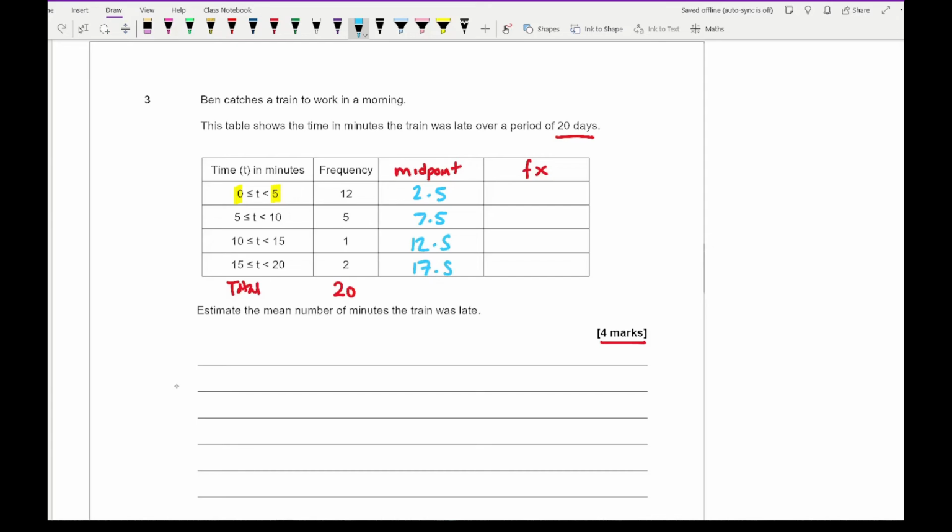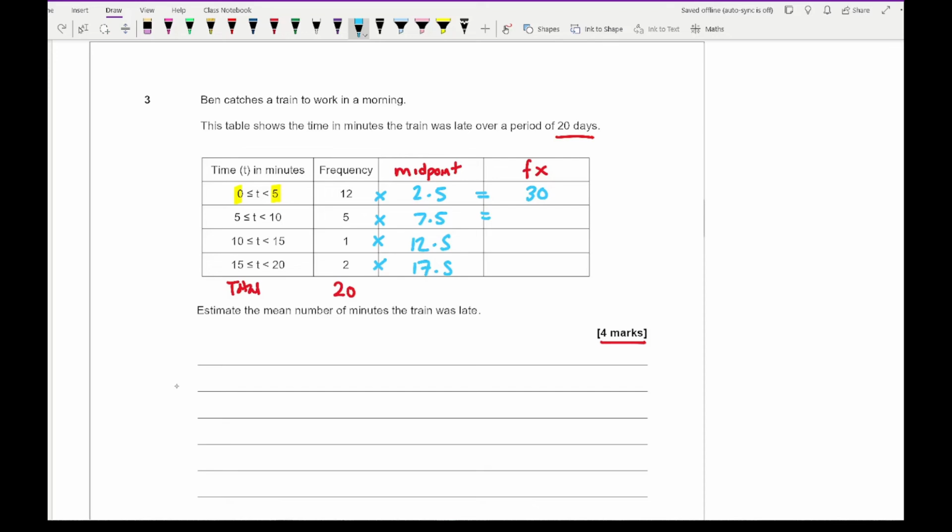Now to create our fx column, rather than multiplying the first column by the second, which we can't do because we've got groups, instead we do the second column multiplied by the midpoint. So if we multiply those, in which I'm going to have to reach out for my calculator for this one because it simply involves decimal numbers. So for the first one we get 30.